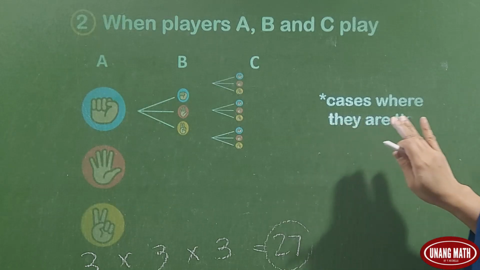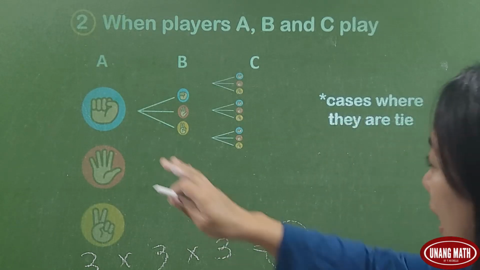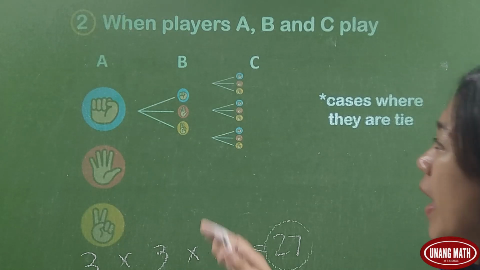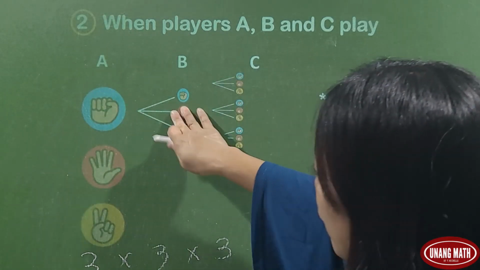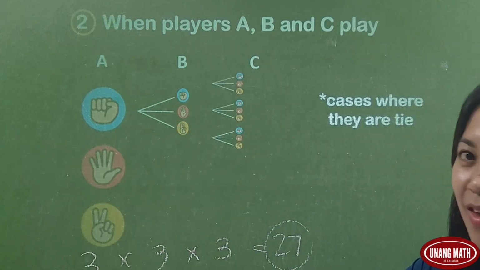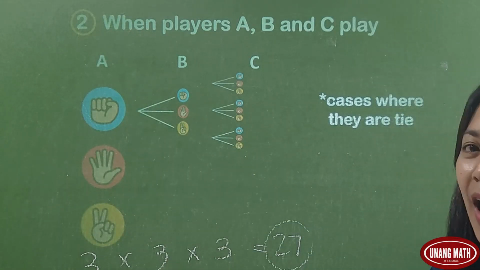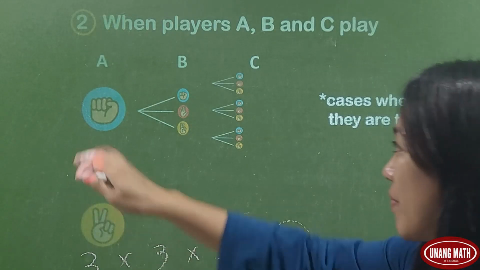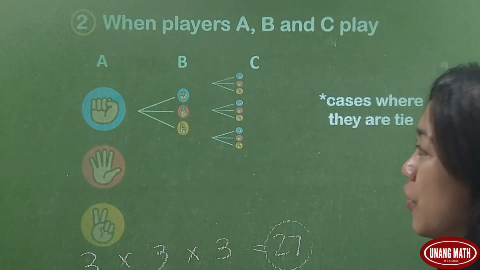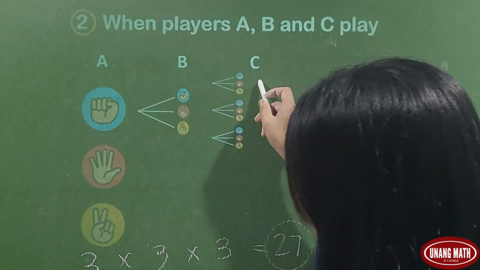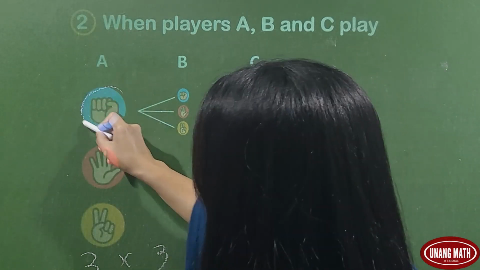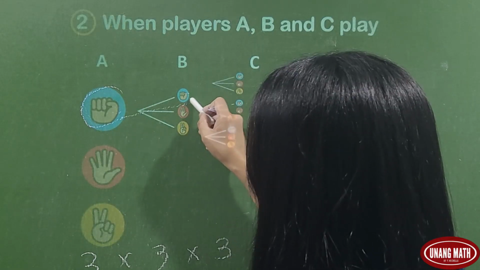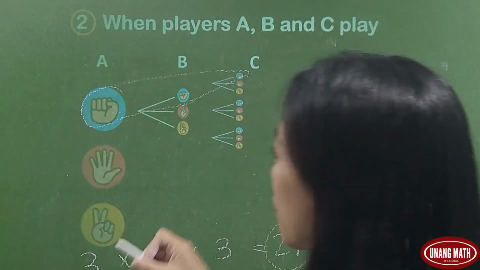Okay, there is another condition here. Cases where they are tie, meaning these 3 players are tie. If we only have 2 players, the only case wherein these 2 players are tie must be, okay, they have to show the same symbol. So, if there are 3, then if this is rock, this player must show rock, and this player must show rock also.